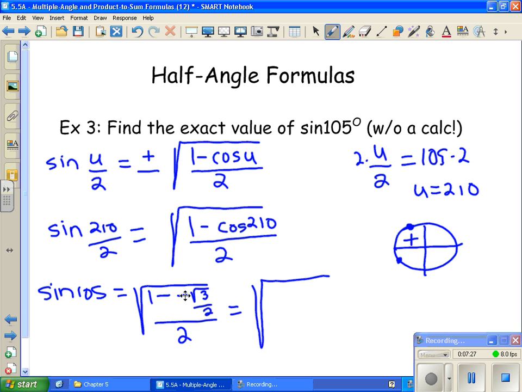I have fractions that I want to add, so I'm going to write 1 as 2 over 2. My double negative becomes a positive, plus the square root of 3 over 2. And that whole thing is divided by 2. Let's simplify that one more time here. So I have a big radical. That is 2 plus the square root of 3 over 2 divided by 2.